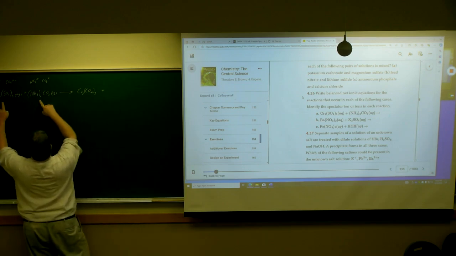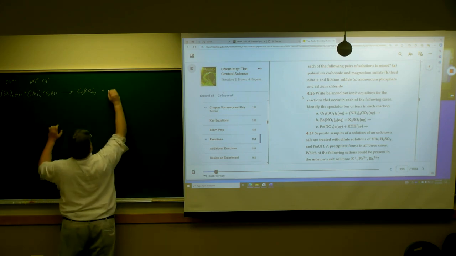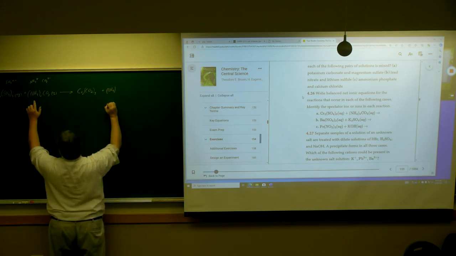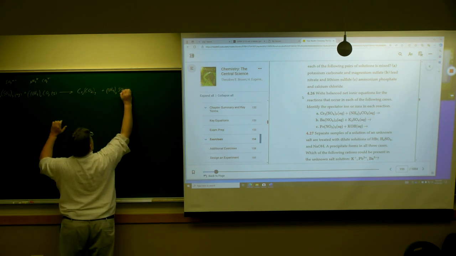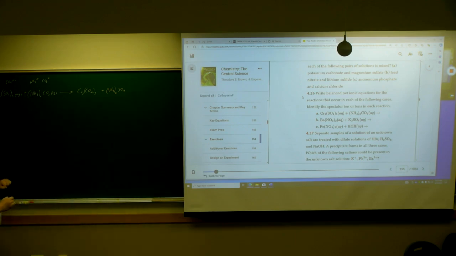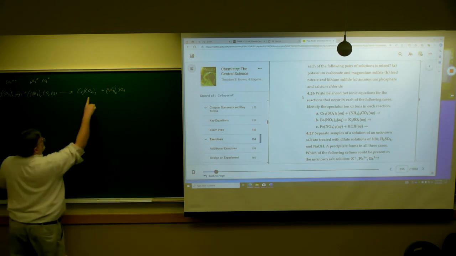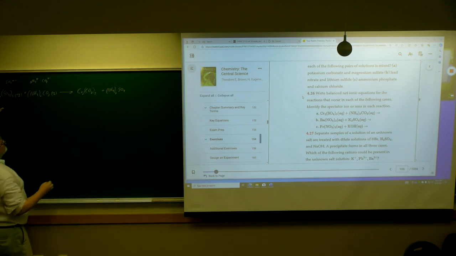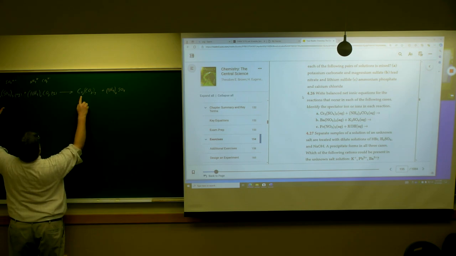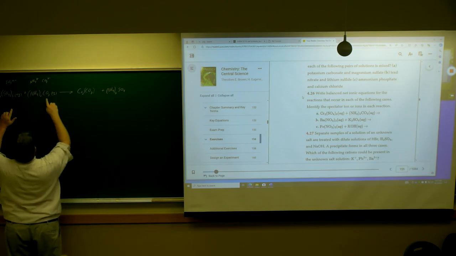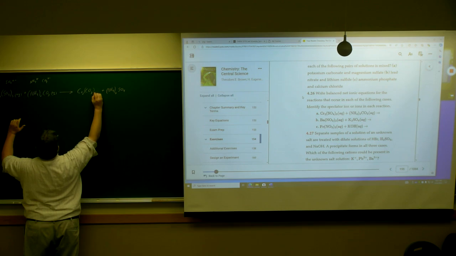So we did these two. Now we're going to put NH4 together with SO4. SO4 is 2 negative. We can balance this again. 2 of those, and there's 2 of those. CO3 is 2 negative.